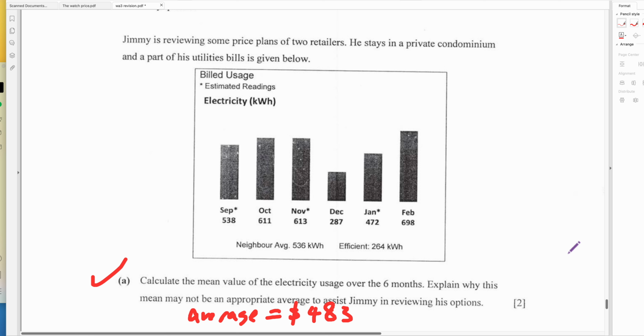So December usage 287 is way below the average, while February of 698 is way above. Okay. So that's one mark for you to explain. Good. So your thinking direction is correct.